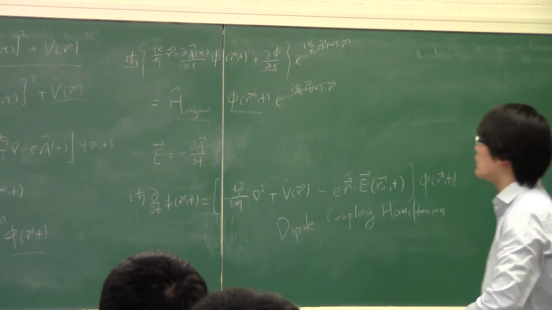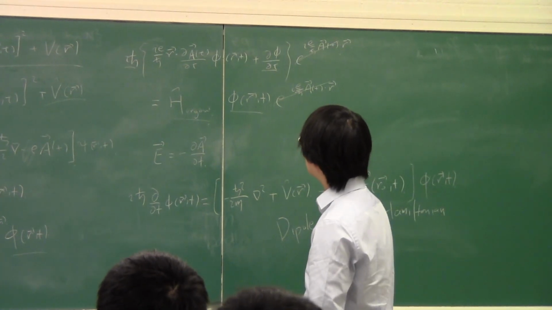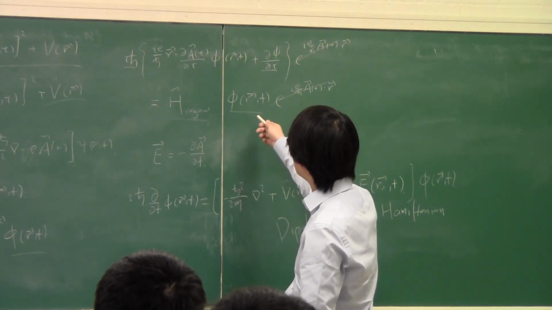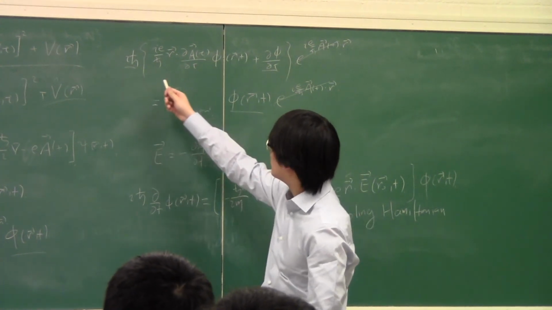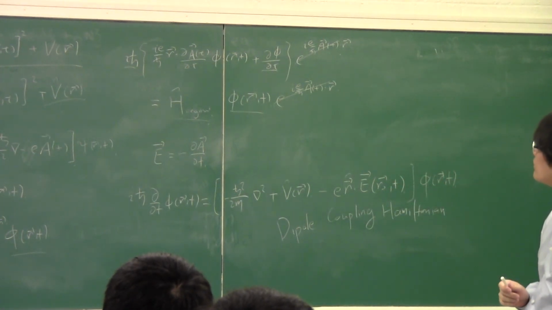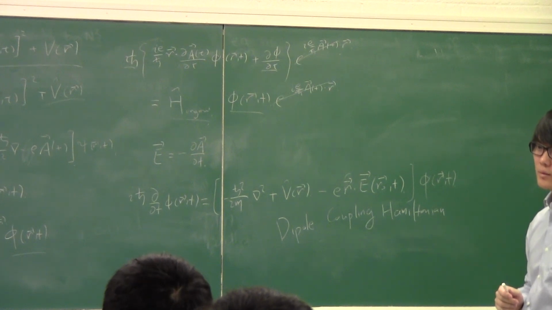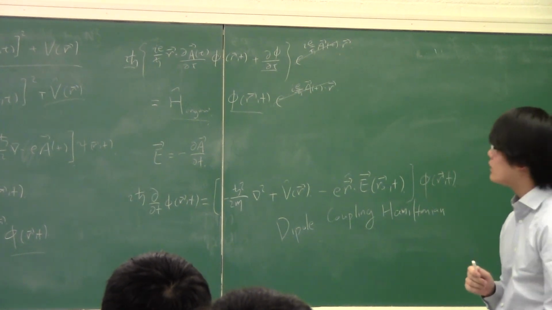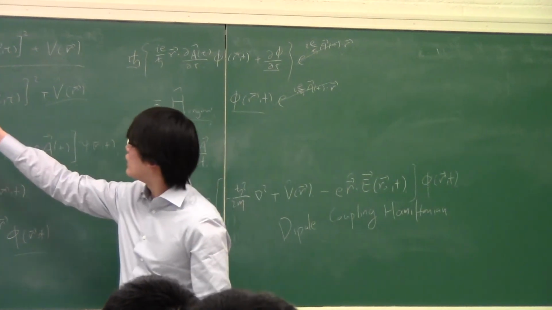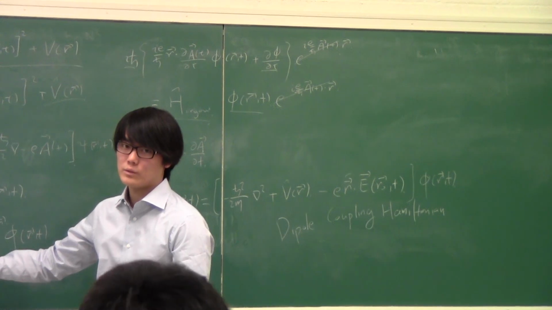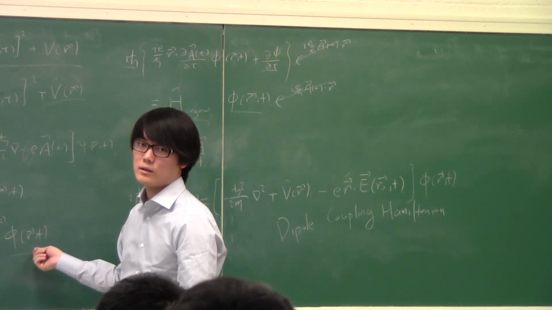You're saying that according to the original Schrödinger equation, this φ(R,t) should satisfy this Schrödinger equation, right? Yeah. But maybe I said that too loosely. Under this gauge transformation, it doesn't satisfy the original one anymore. I'm just saying that this operating on this is equivalent to the original Hamiltonian operating on just this.